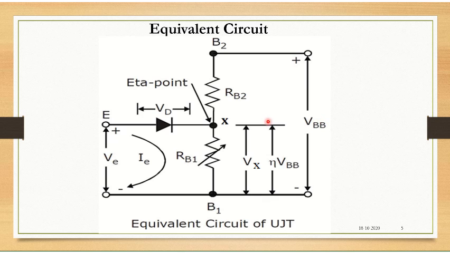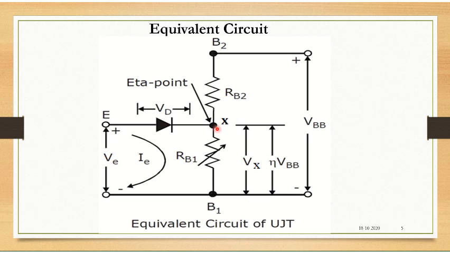All right. So the voltage across this point X, which we call the eta point, is nothing but the intrinsic standoff ratio. It is called the intrinsic standoff ratio.